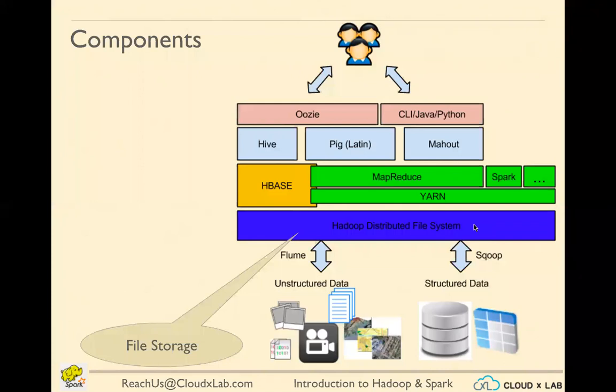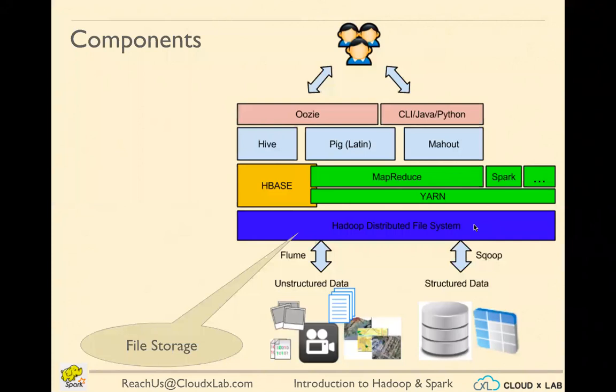Do you remember the days when you had multiple hard disks in the computer? You used to keep some movies in one hard disk, some movies in another. That kind of complexity is resolved by the Hadoop distributed file system by combining the storage of multiple machines into a single layer.